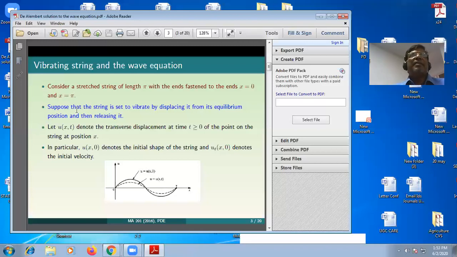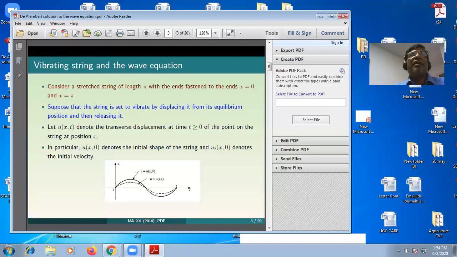Suppose that the string is set to vibrate by displacing it from its equilibrium position and then releasing it. So let u(x,t) denote the transverse displacement at time t greater than or equal to 0 of the point on the string at position x.